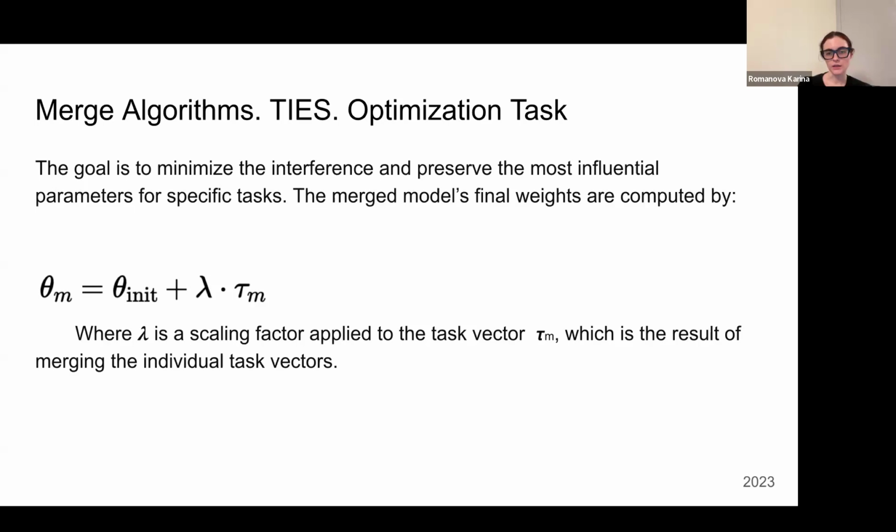The optimization task in TIES is designed to minimize the loss of valuable information during model merging. By focusing on parameters that have undergone significant changes during fine-tuning, TIES effectively captures the essential adaptations made for specific tasks.